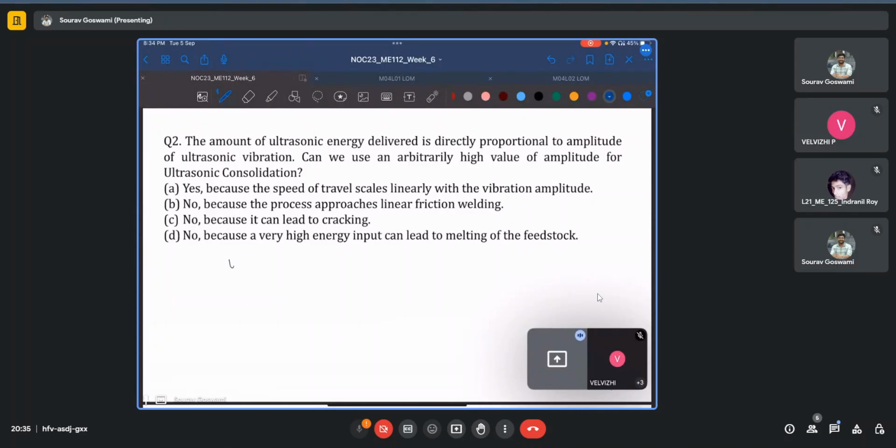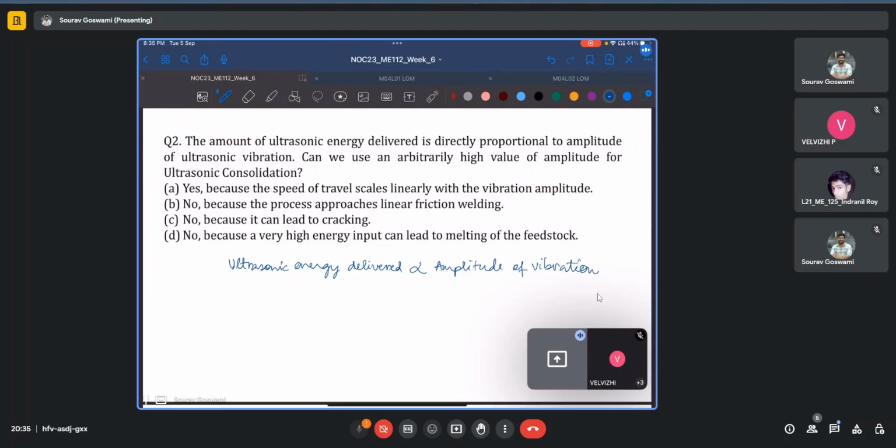So it said that ultrasonic energy delivered is directly proportional to the vibration amplitude. This fact is given to us. So can we use an arbitrarily high amplitude?